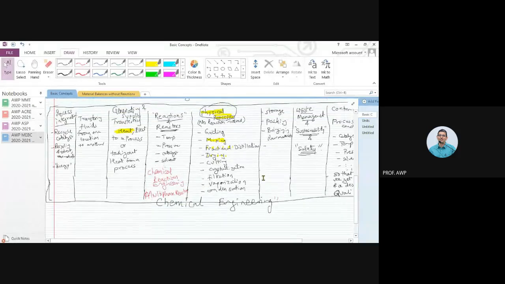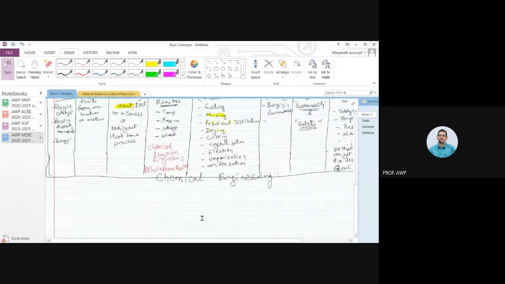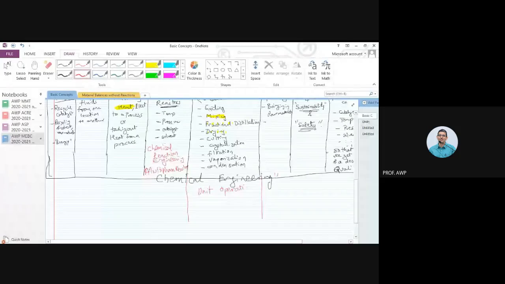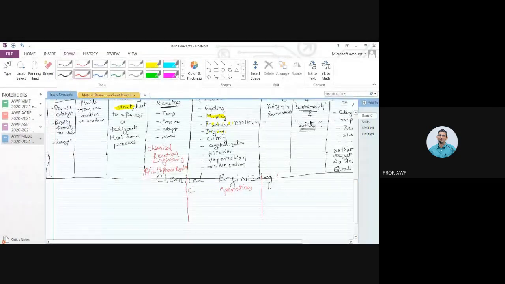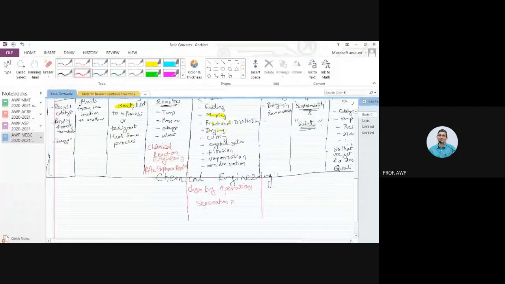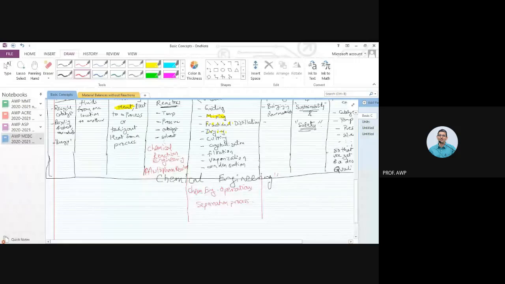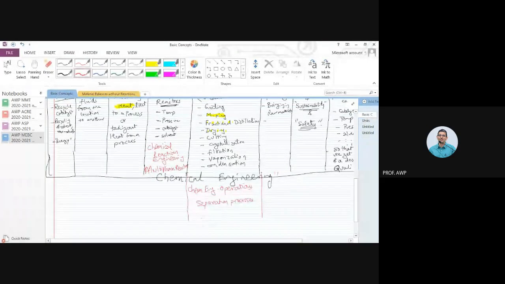The physical processes that we talked about, they are all going to be part of the course called Unit Operations, semester 4. I think Unit Operations is now called Chemical Engineering Operations, and Separation Processes, semester 5.